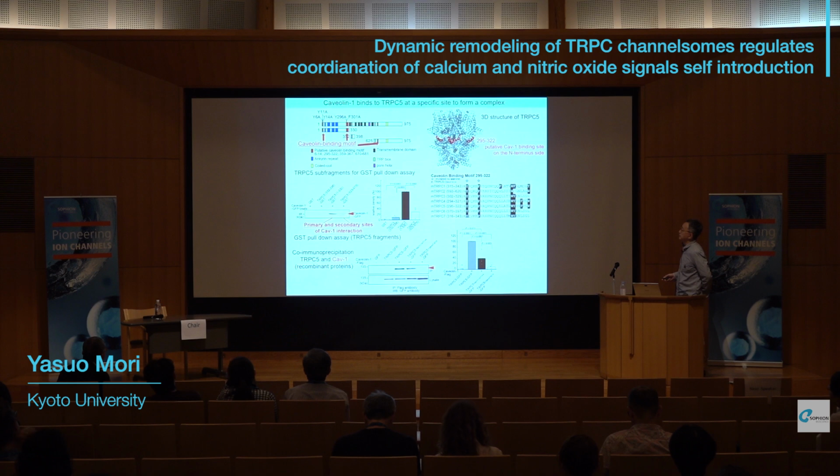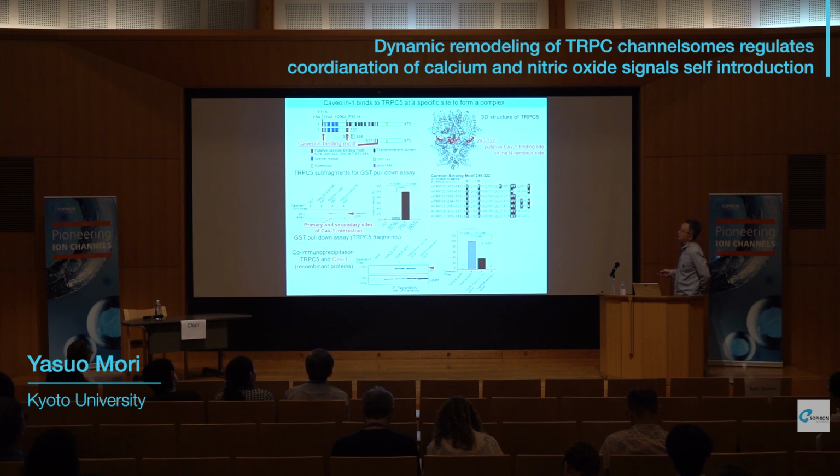On the other hand, there's also a very faint band in the C-terminus which interacts with caveolin-1. So we thought that this N-terminus, especially the second caveolin binding motif, is the primary binding site, and the C-terminus binding site is the secondary binding site.